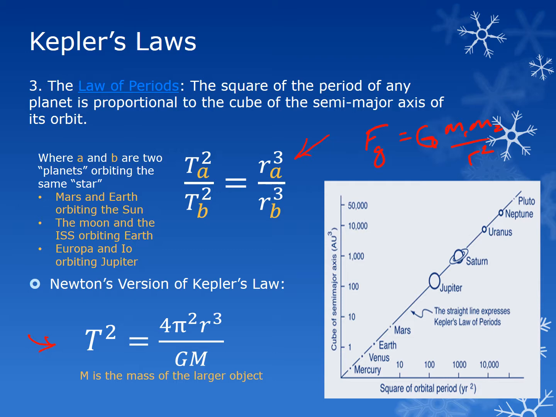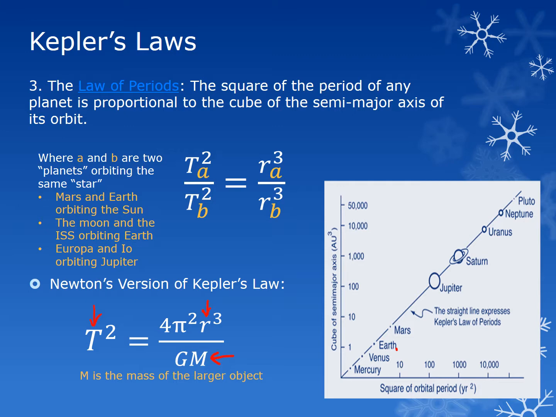The only thing we need to worry about here is this capital M. So for the capital M, that is the mass of our larger object. So if we have information about a moon and the period of the moon going around a planet, this is actually the mass of the planet.